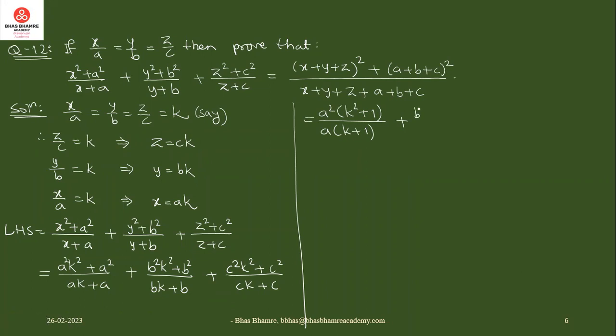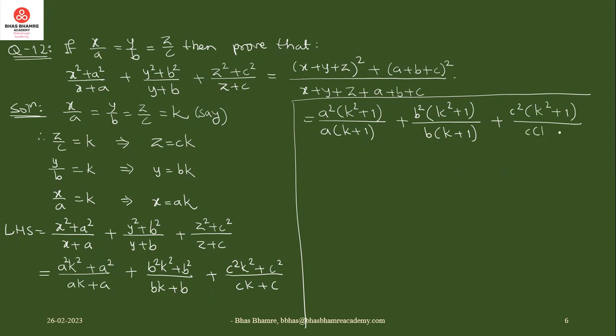From that, I can take b square common, so that in bracket k square plus 1 totally upon b in bracket k plus 1, plus c square in bracket k square plus 1 upon c in bracket k plus 1.